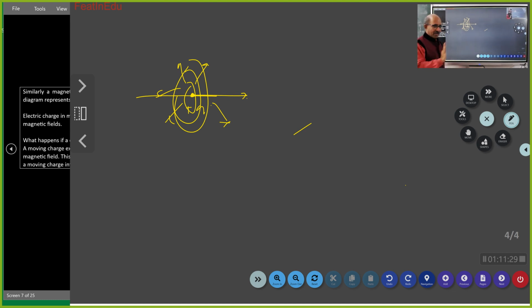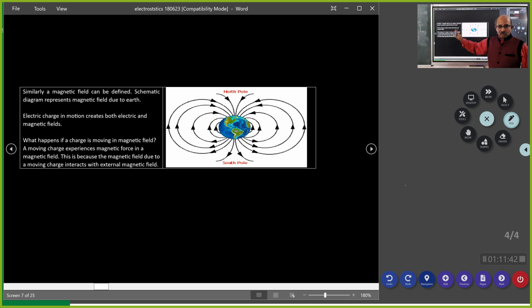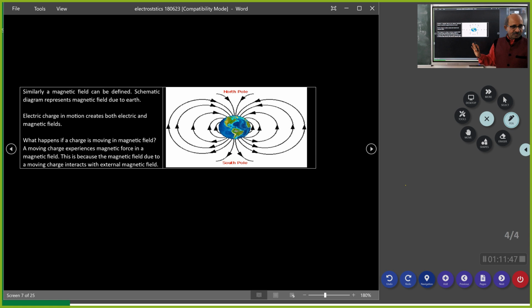Yes, see now, in this plane there will be magnetic field, but in this region there will be electric field. I will explain this in tomorrow's class, but right now it is like this. So you understand this. So these are all the fundas. More fundas are there. Tomorrow I will cover it for all of you.